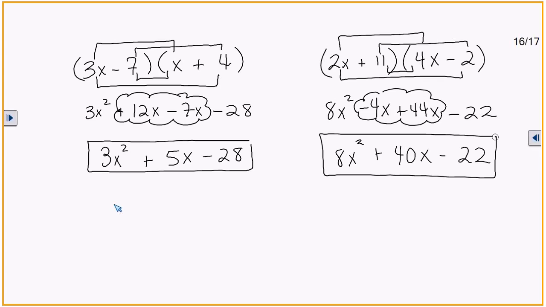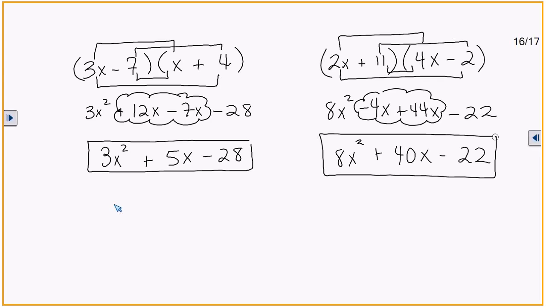Now that's how you use the FOIL method. And you can only use it when you're multiplying two binomials. And you're going to see this a lot in coming classes, especially algebra-based, Algebra 2, Algebra 3, 102, whatever you take.